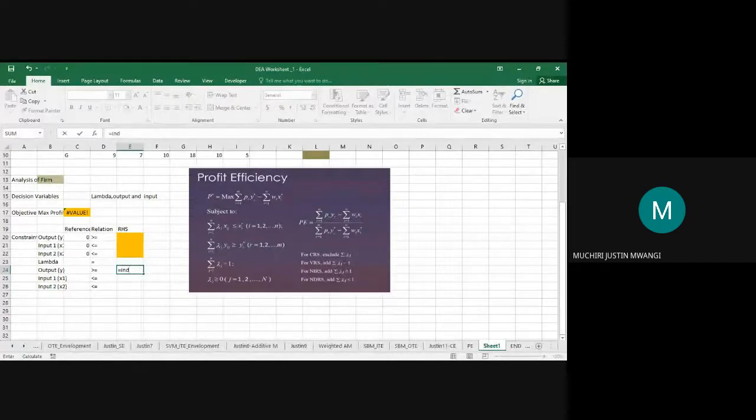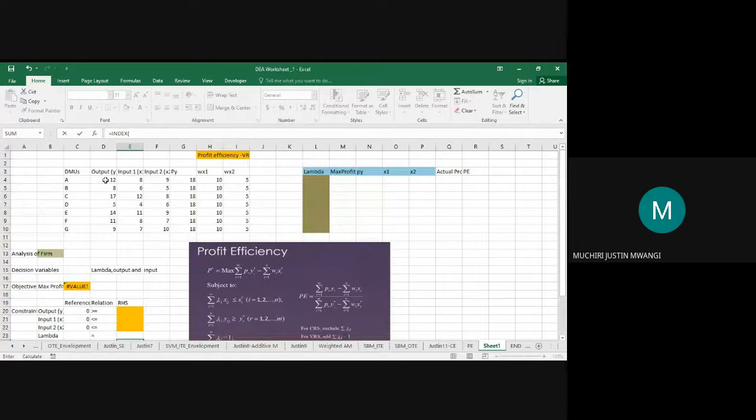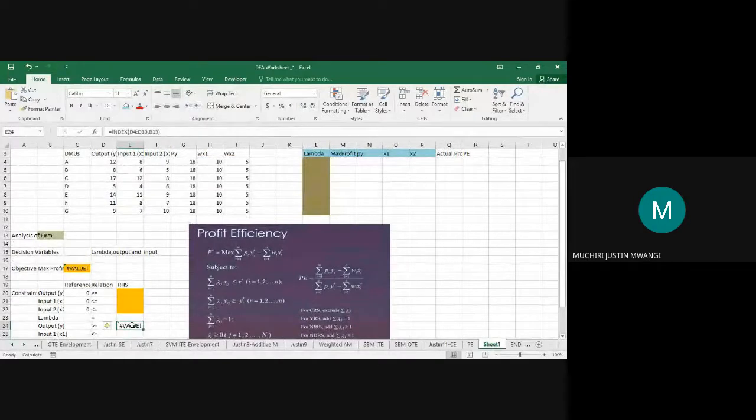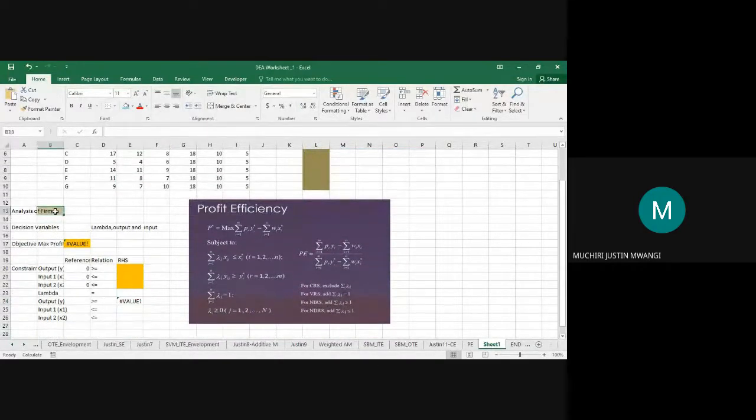In here, we're going to index the output with reference to the given. We are saying that value should be not less. Let's put a value here.